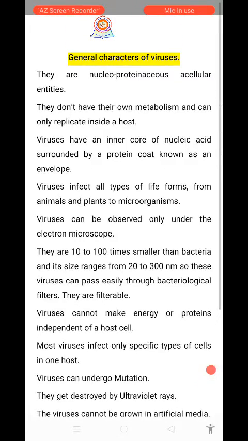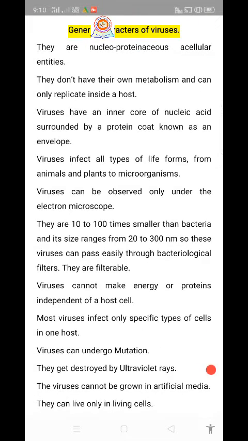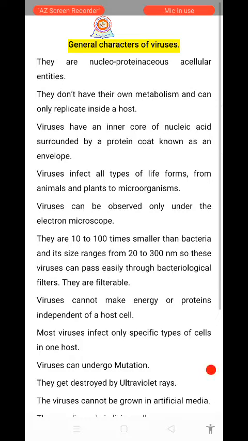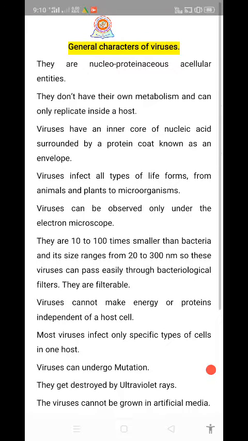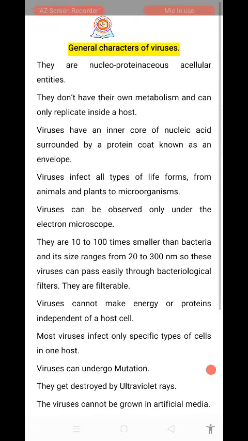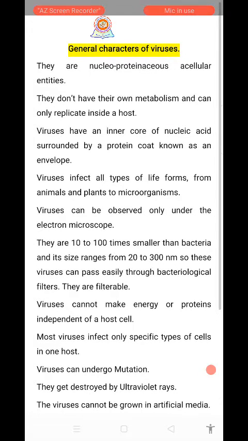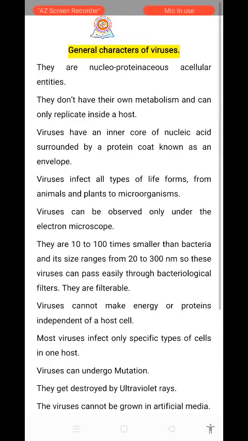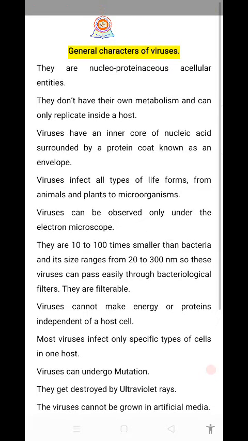Today's lecture we are going to discuss the general characters of viruses. You are familiar with the term virus. They are acellular organisms.